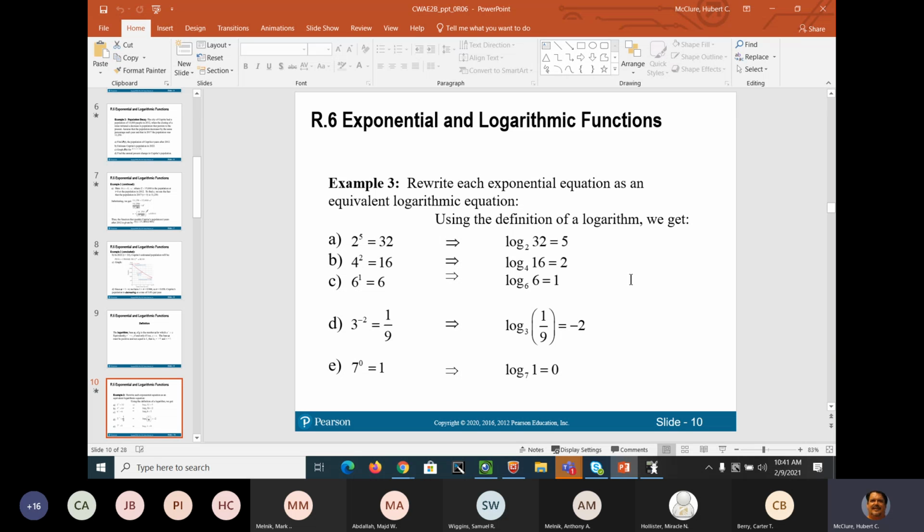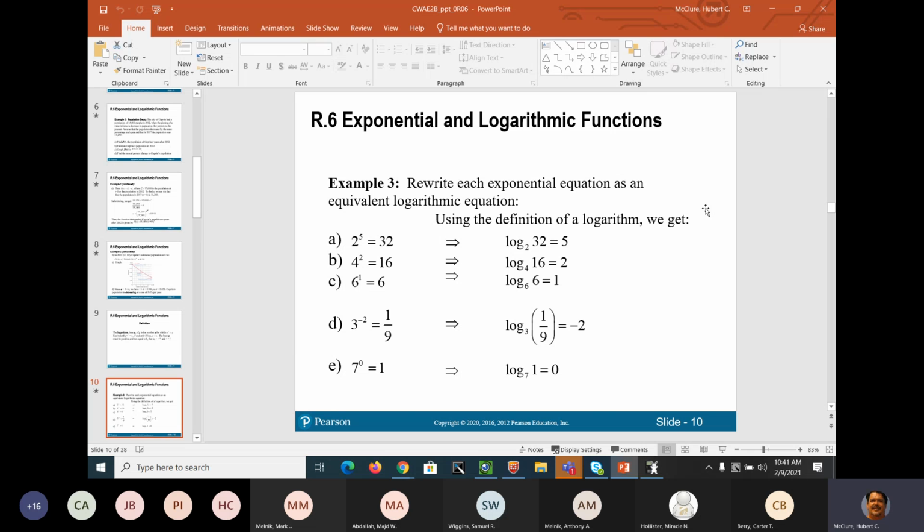I'll do D, since D looks complicated and will make some of y'all quit. 3 to the negative 2 is equal to 1 over 9. Okay, I'm going to give y'all a few more seconds to write those down, and then we'll do one of them as an example, because these are the things I would ask you on a test. So make sure you know how to do these problems right here.